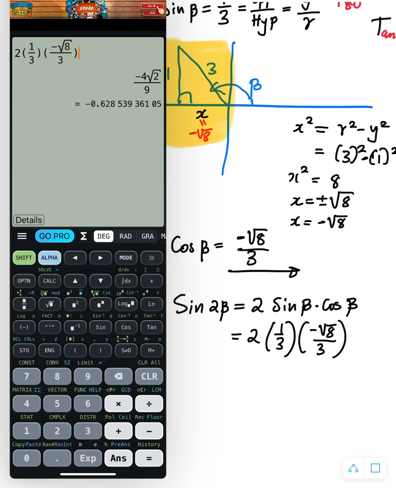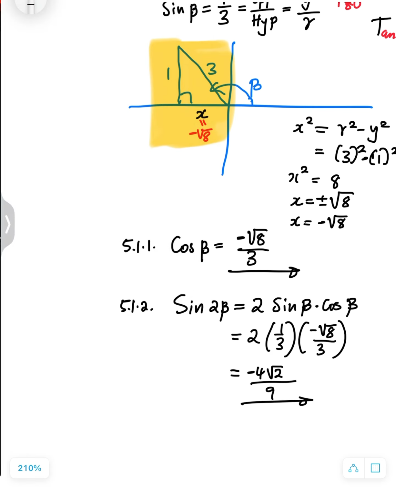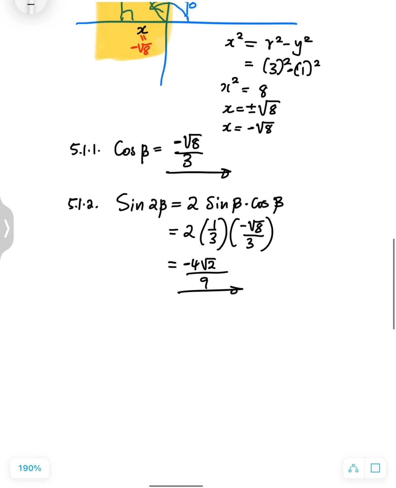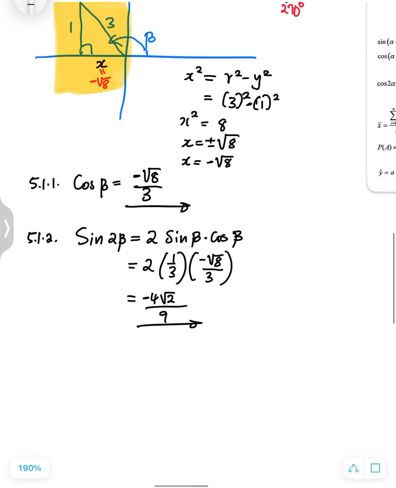That gives you negative 4 root of 2 over 9. That is the answer for 5.1.2.